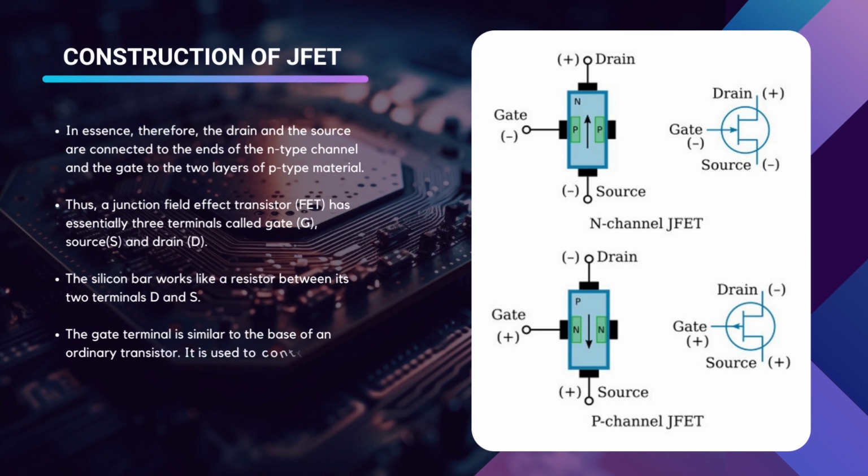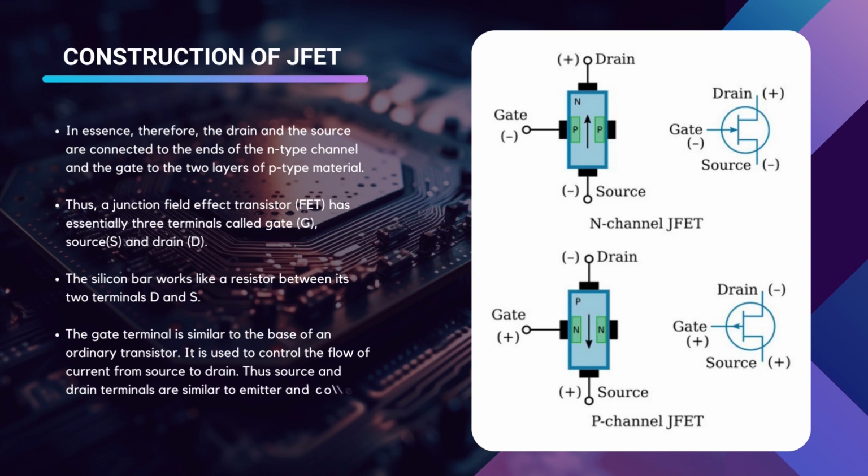The silicon bar works like a resistor between the drain and source terminals. The gate terminal is similar to the base of an ordinary transistor. It is used to control the flow of current from the source to the drain terminal. Thus, source and drain terminals are similar to the emitter and collector terminals of a bipolar junction transistor.